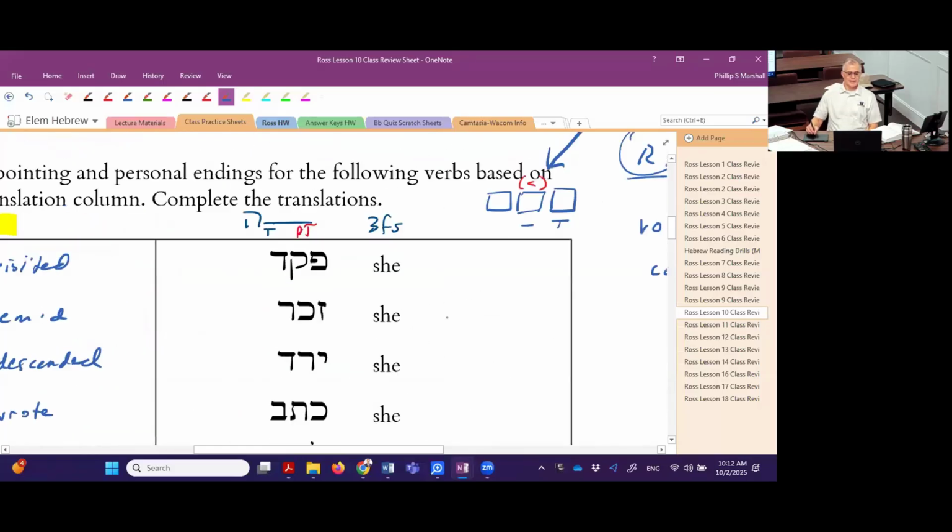Okay, so let's take a look at the she forms. Now, what person gender number is she? It's 3FS. What's the inflectional ending for 3FS? It's ah. Is that a consonantal or a vocalic ending? It is vocalic. So we've got to do our magic here.